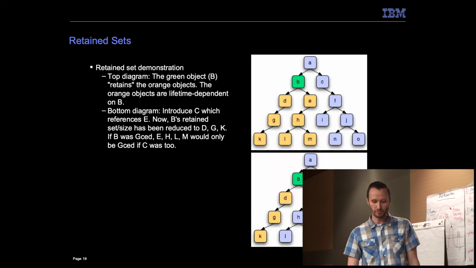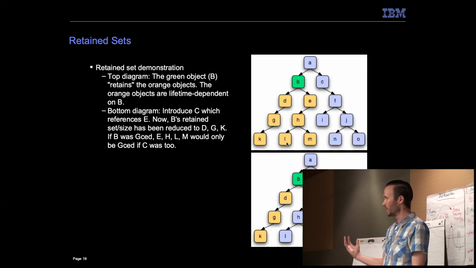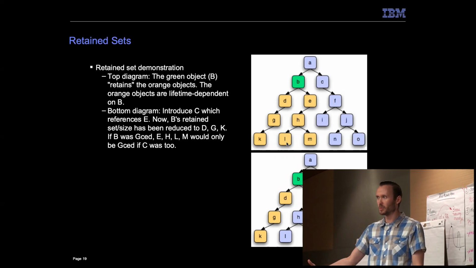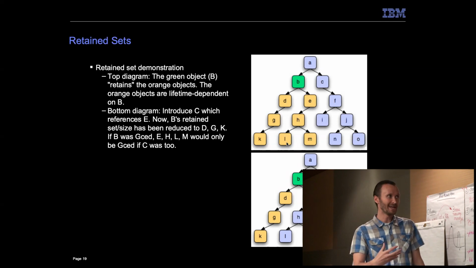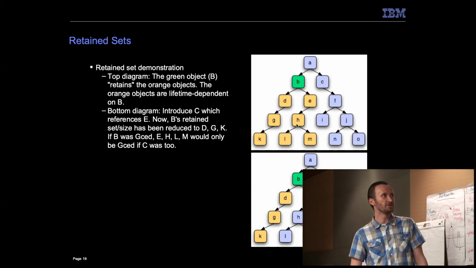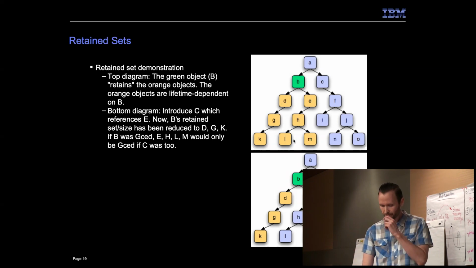In this case, everything underneath B that has no references from anywhere else would also have been garbage collected. So the retained size of B is the shallow heap of B plus the retained heap of D, and so on down the line.